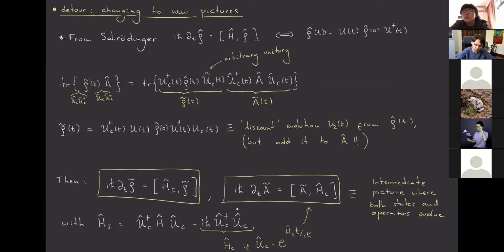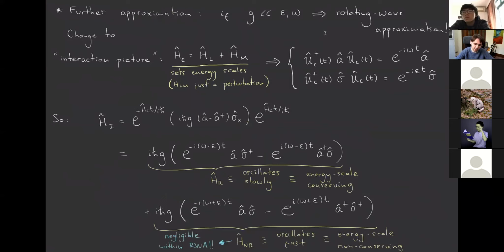And that new Hamiltonian looks relatively simple because it's just the Hamiltonian transformed through the unitary that you have defined, minus some term that, when you take the unitary as the exponential of a time-independent Hamiltonian, is just the Hamiltonian that you are putting in the unitary. So in other words, the interaction Hamiltonian is just the transformed Hamiltonian minus the transformation Hamiltonian.